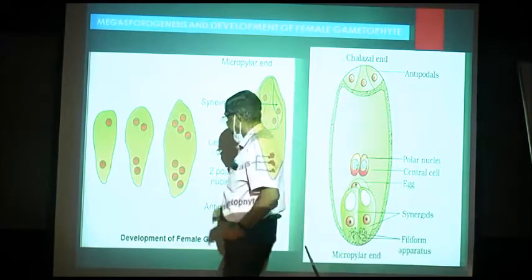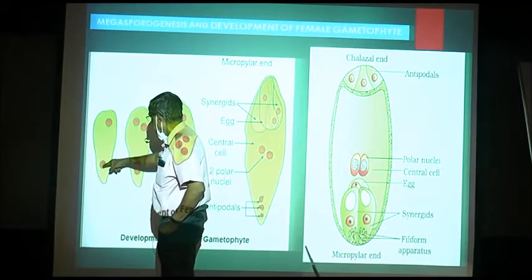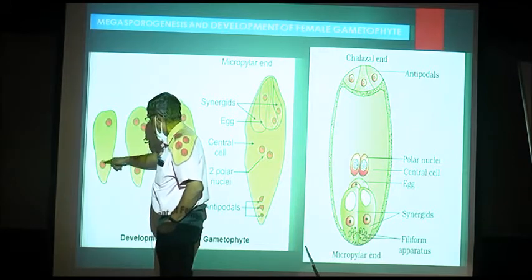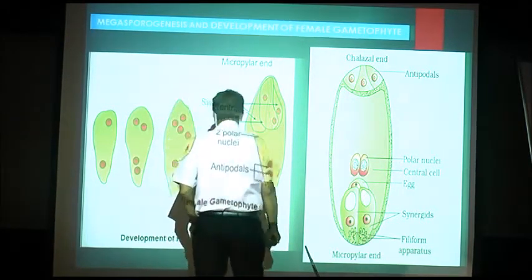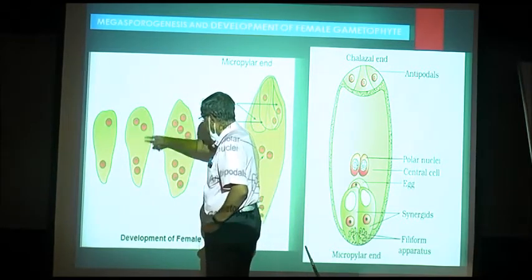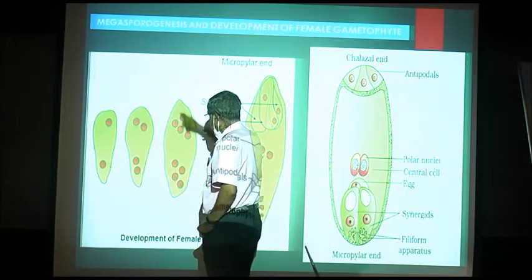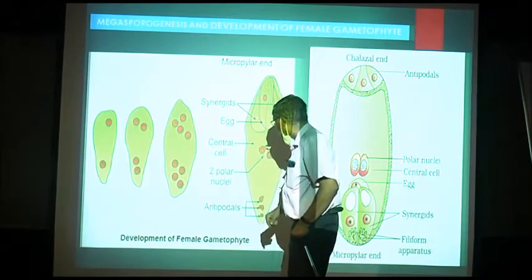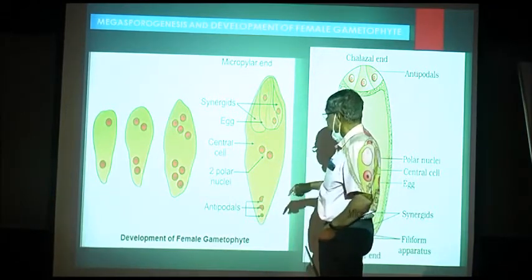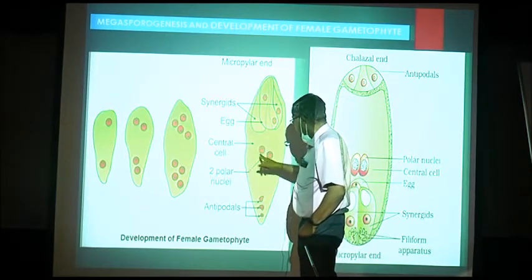Now you see, here the megaspore mother cell, the functional megaspore has developed into 2 nuclei. The 2 nuclei had developed into 4, and this again divided, 4 here, 4 here. Of these 2 ends, one is the chalazal end, the other is the micropylar end. Now 2 nuclei move to the center.